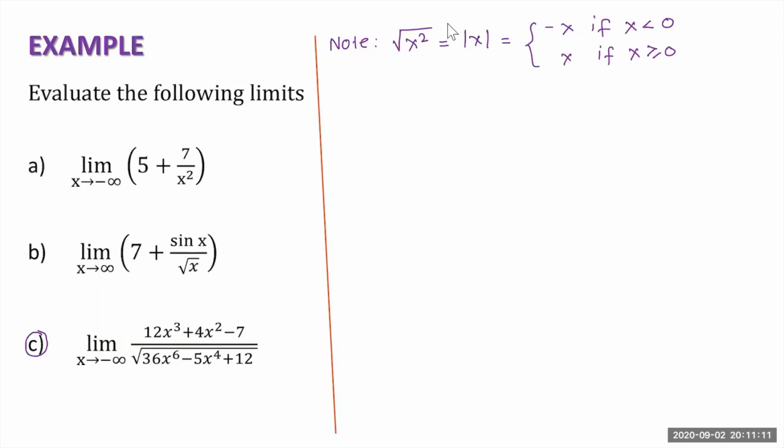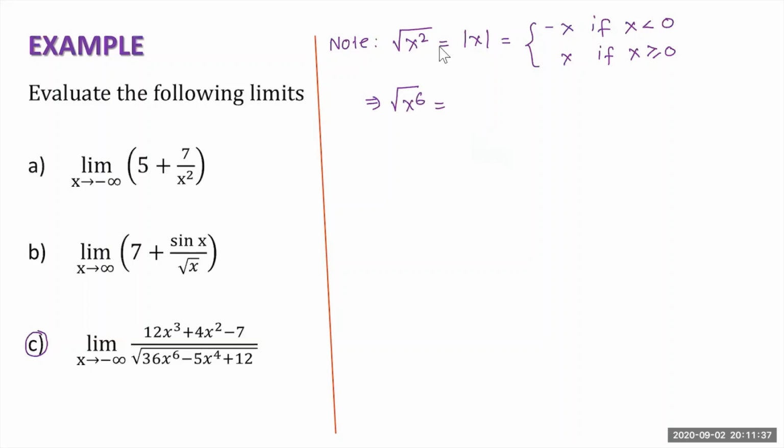So that means square root of x squared is negative if x is negative, and positive if x is positive or 0. That's why we say that the square root is positive or negative depending on where the x is. Now for part C, we'll make use of square root of x to the 6.